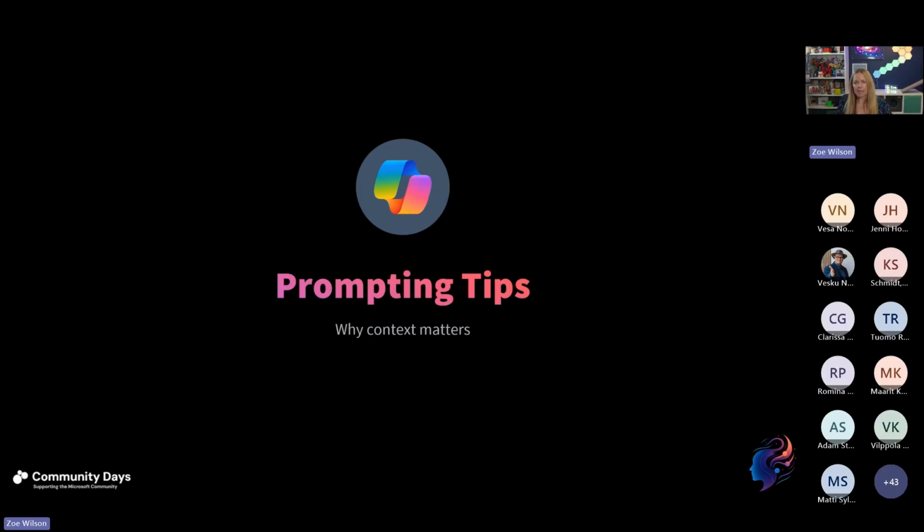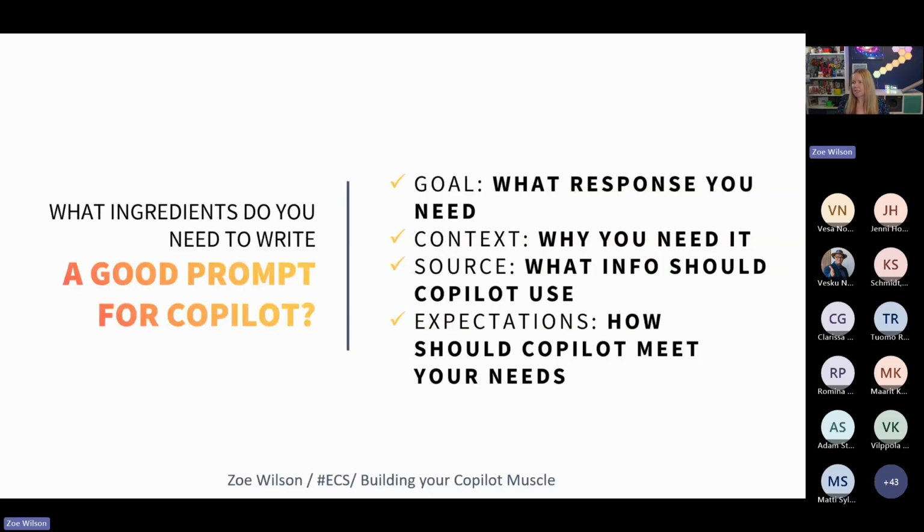Okay, so prompting tips, or why context matters. This is true for Copilot, and it is true for other AI solutions. Anywhere that you need to write a prompt, it's incredibly important that you have the right ingredients.